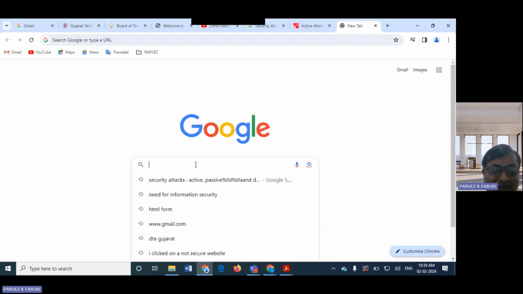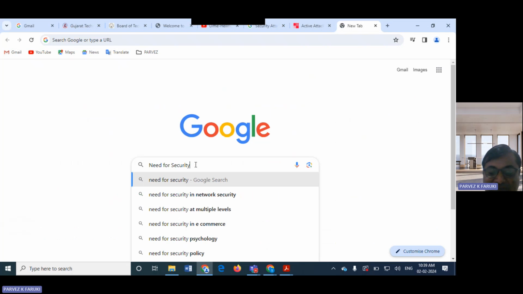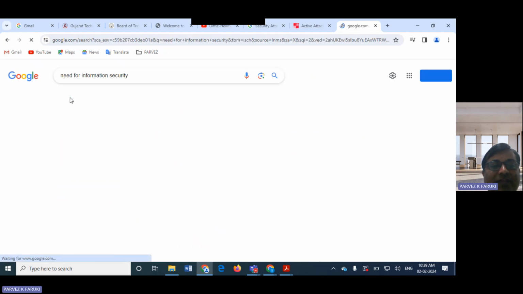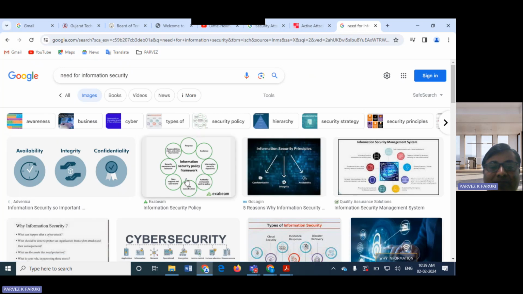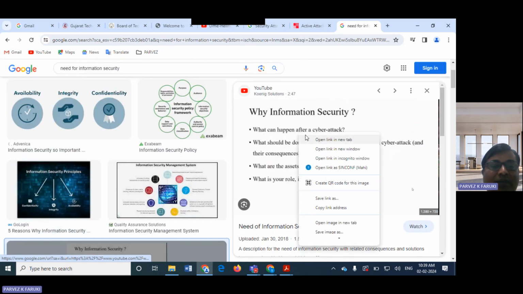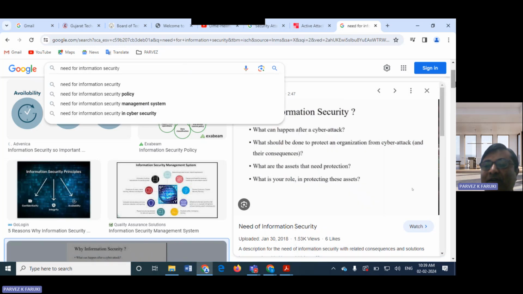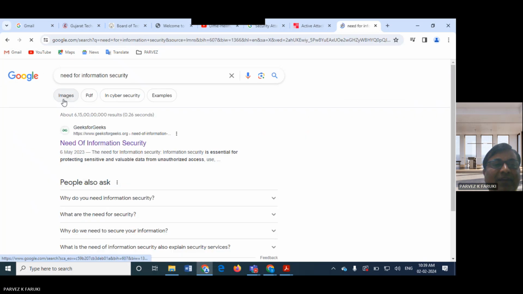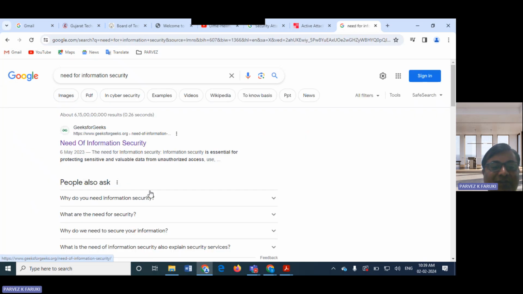So let's just plainly look at what information security is. Let's look at the need for information security. Let me put it in simple terms, wherein we go to a text and see what is the need for information security.